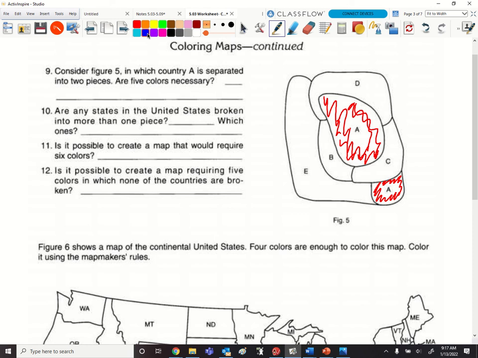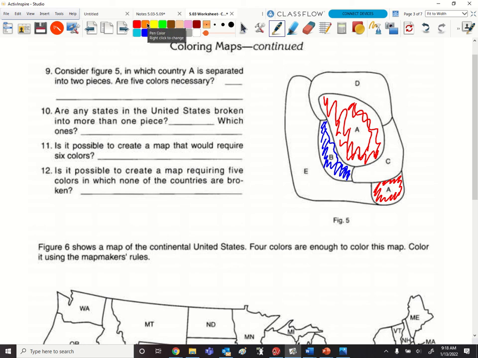So the valence number would be 1, 2, 3, and 4. It looks like all these other ones have 4 here. So I'm going to do B in blue. So blue is touching C, A, D, and E, right? To color this correctly, can I put blue anywhere else? No, cannot put blue anywhere else. So I'm going to go with one of these oranges right here.